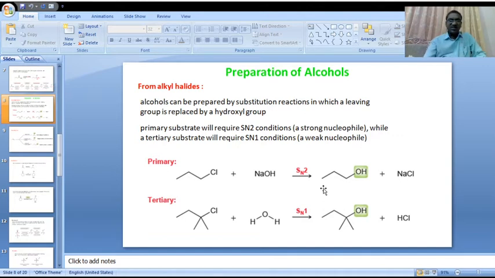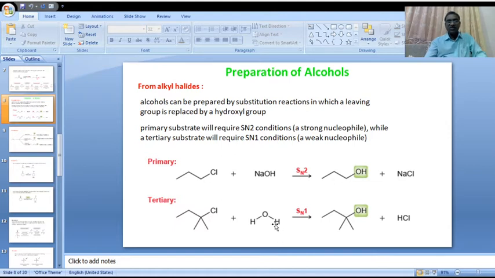While this is the primary substrate, the starting compound, the tertiary substrate will require SN1 condition. This type of reaction proceeds in presence of a weak nucleophile.